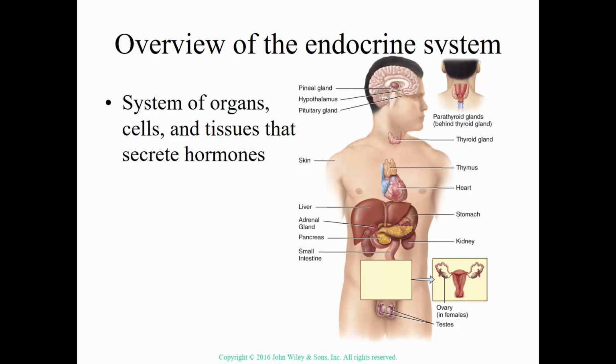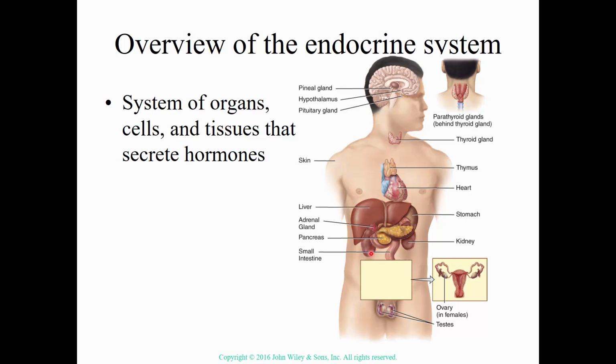So here's a picture from your textbook showing a person and all the various organ systems. We will be talking about the hypothalamus and the interaction between the pituitary, and we'll divide the pituitary into the anterior and posterior pituitary. We'll talk about the regulation of the thyroid gland, not so much the function.